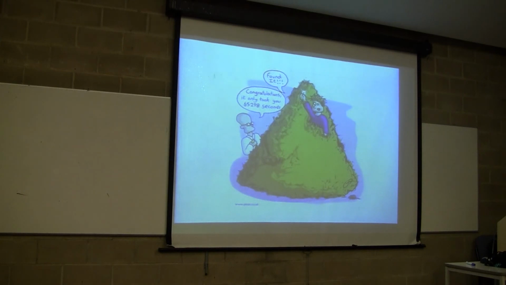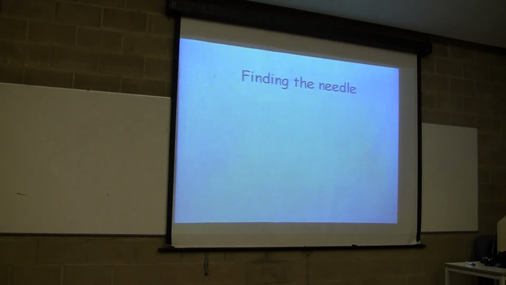In the case of looking for a needle in a haystack, here's my model of a haystack. You can ask the question, is searching necessary to find the needle? Well, perhaps you have a magnet.